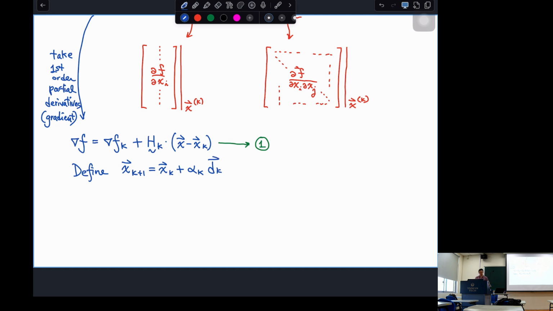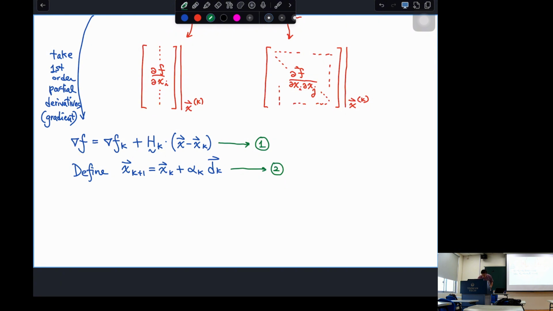Here we introduce a new vector called d. So d is like a directional vector. And because we are trying to find a new direction, instead of using negative gradient here, we just replace it by a vector with a new symbol, d.